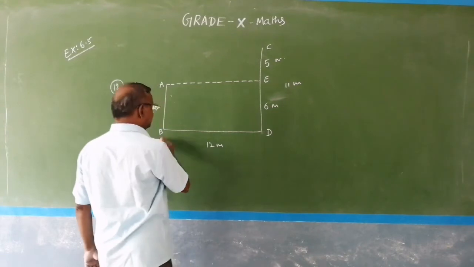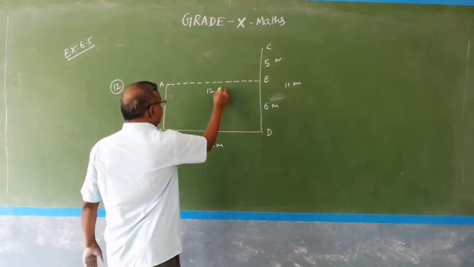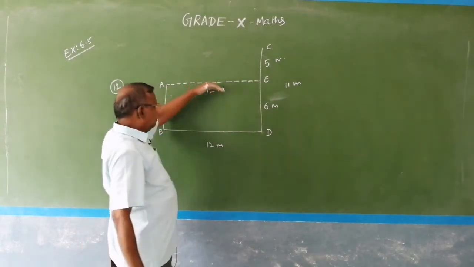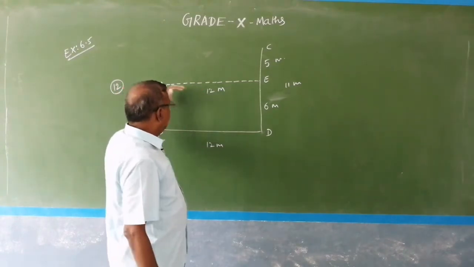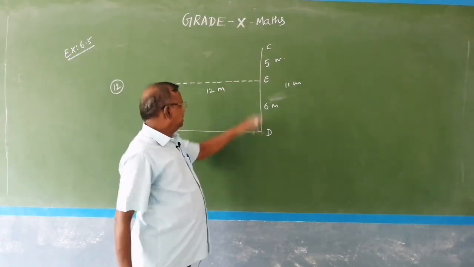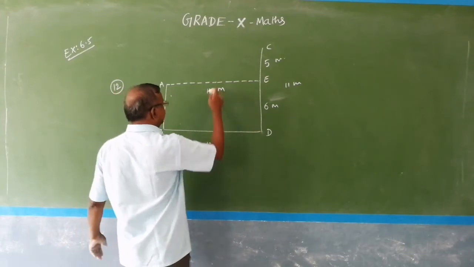So you know that AE is also 12 meter, because the line parallel to BD is perpendicular to CD, so this has the same length.